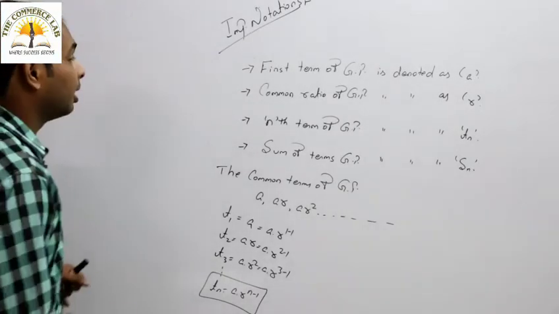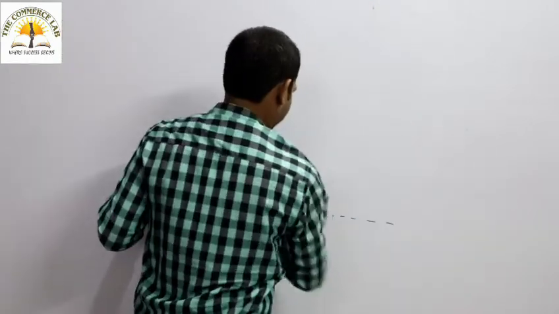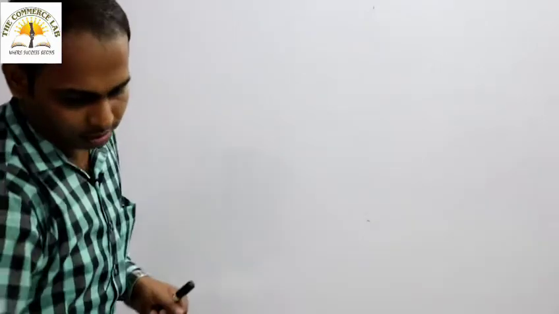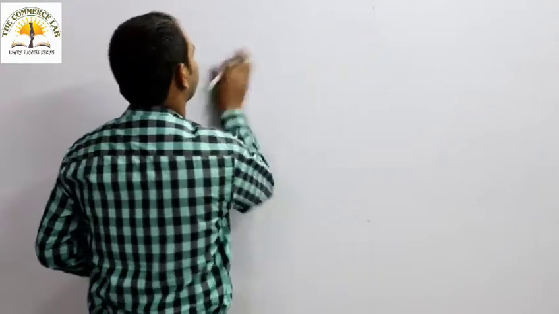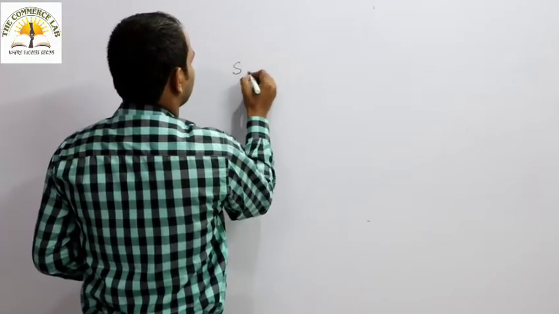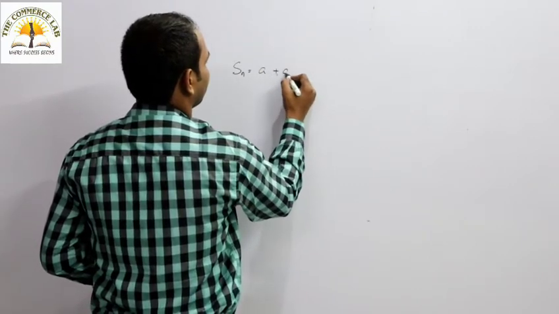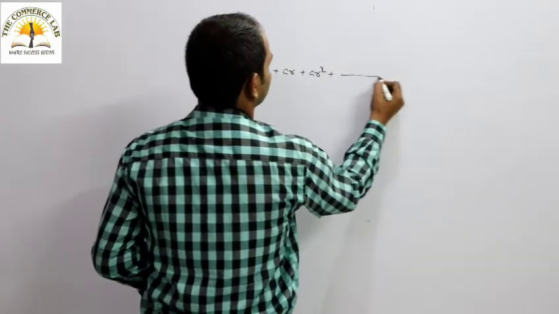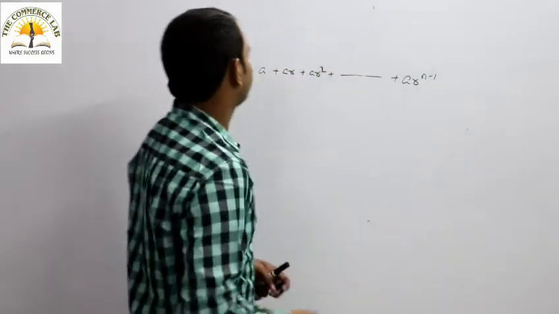Then come to the summation. S or Sn is equal to a plus ar plus ar square plus up to ar to the power n minus 1.